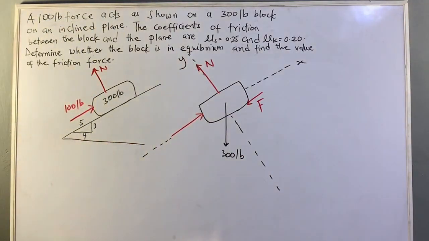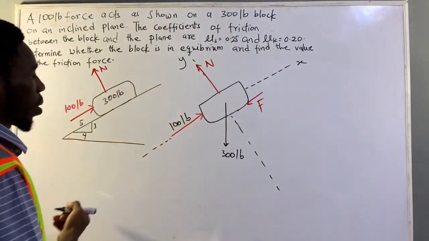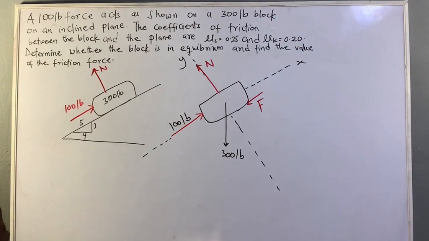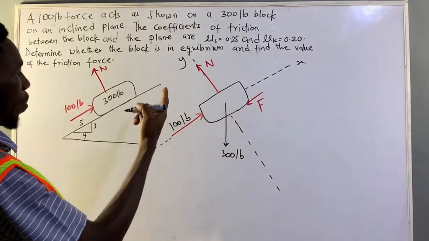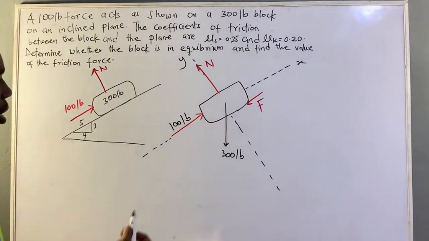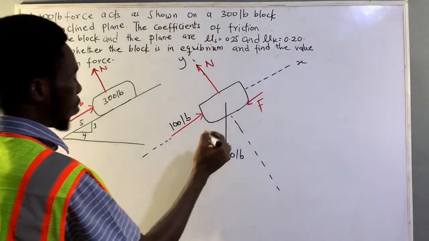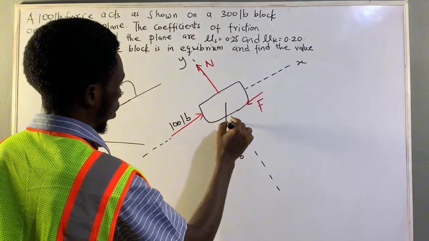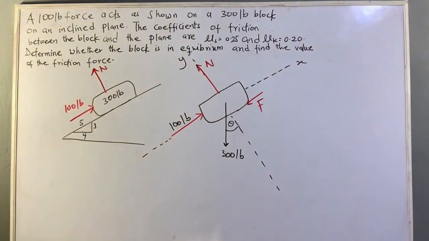You can see that the applied force, which is the 100 pounds, is being applied in the x-axis direction, and the normal force is in the y-axis direction, perpendicular to the plane. But the weight force of the block is making an angle, let's name that angle theta, with the y-axis.